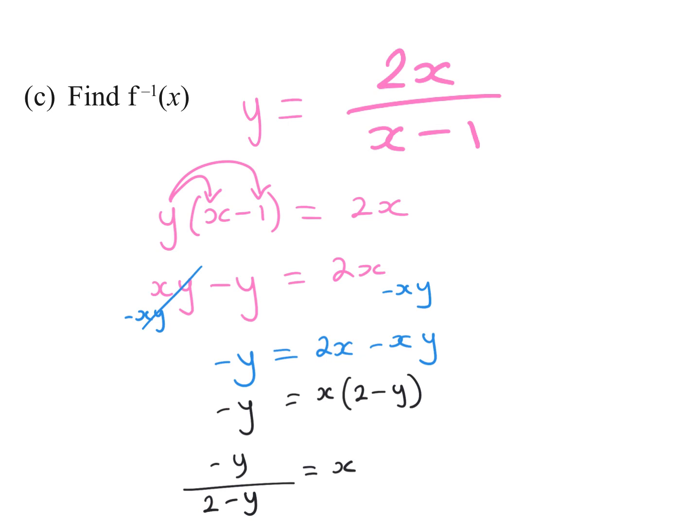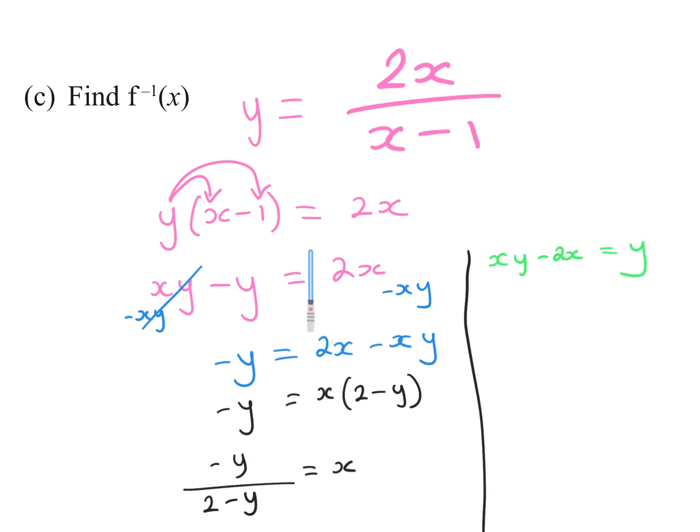For example, okay, I'm just going to stop us here. Side note, what if you added y to both sides, okay? What if we rearranged it so we got xy minus 2x equals y?